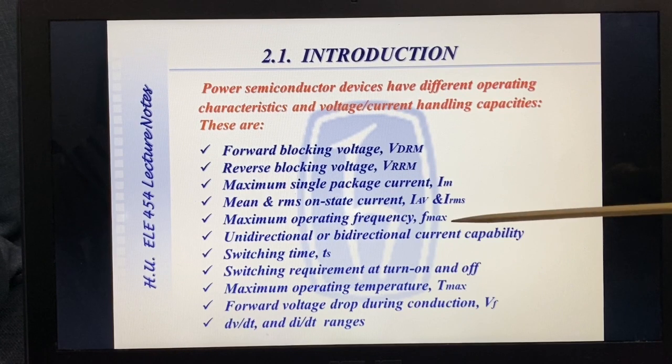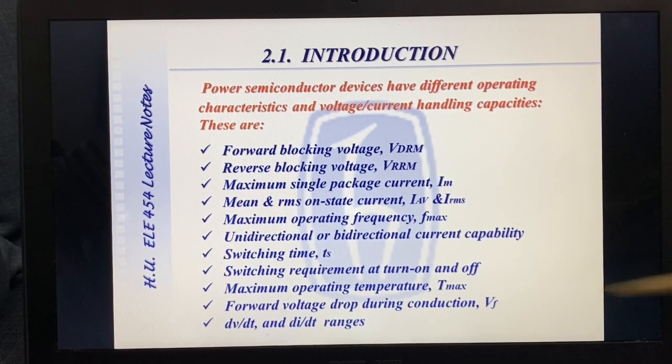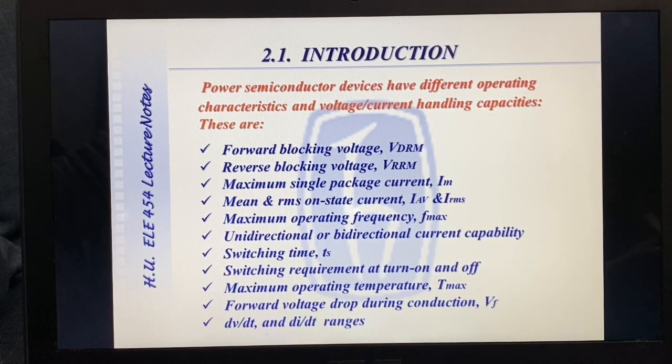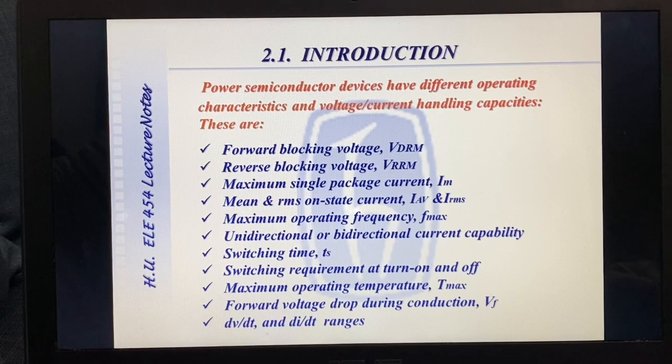Maximum operating frequency. The unidirectional or bidirectional current capability: will you require in your application current flow in both directions or only in a single direction? This will affect the choice of the required power semiconductor. The switching times, switching requirements at turn on and turn off. The maximum operating temperature, Tmax: we will see that power semiconductor devices should be cooled by means of heat sinks.